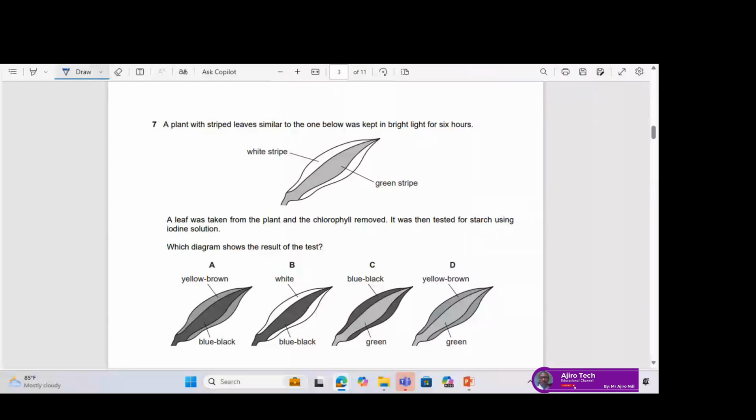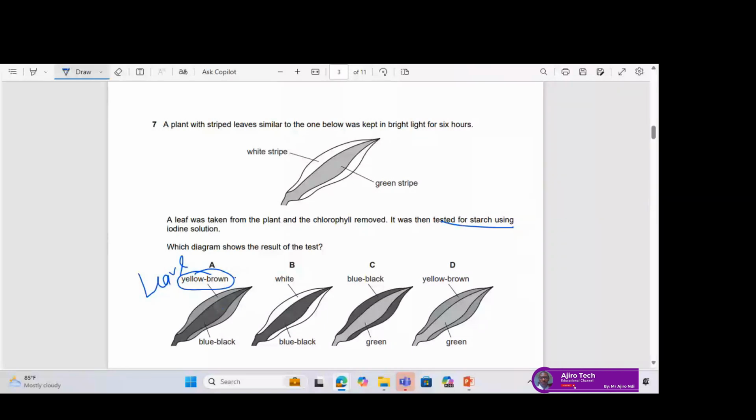Since you are testing the leaf for starch, when you apply iodine on the part of the leaf that does not contain chlorophyll, where there's no starch, it will remain what? Brown yellow. So the white part is the part without chlorophyll, and it remains brown yellow when tested with iodine.